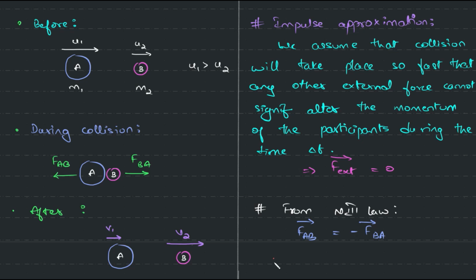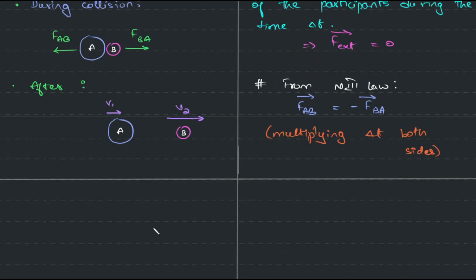Multiplying delta t on both sides, what we have here is delta t FAB is equal to delta t times minus FBA.